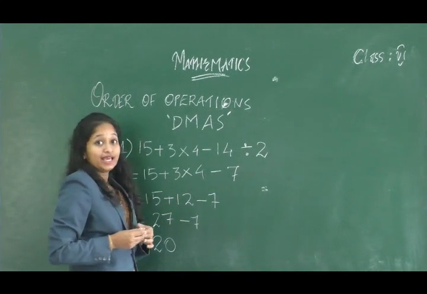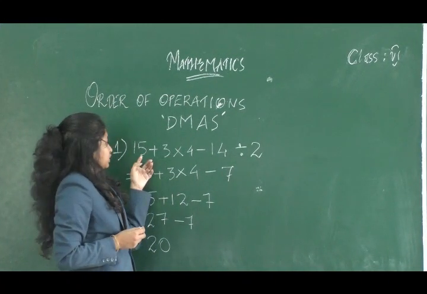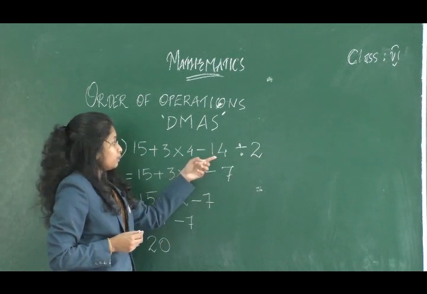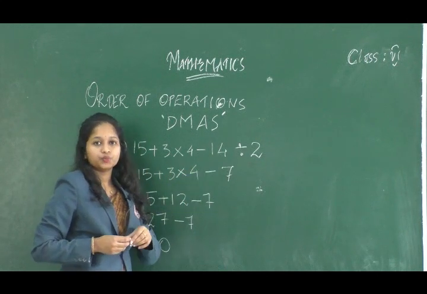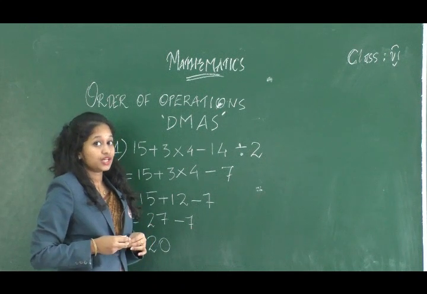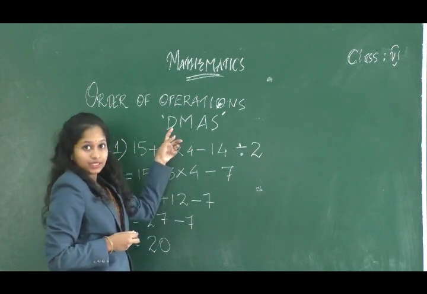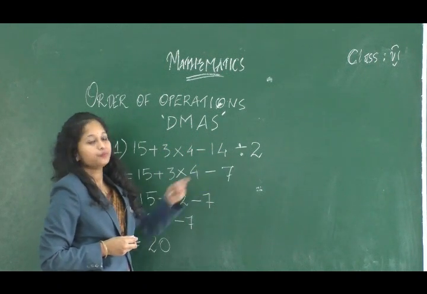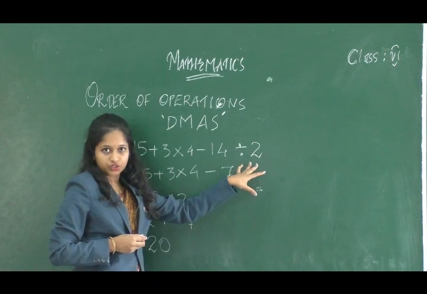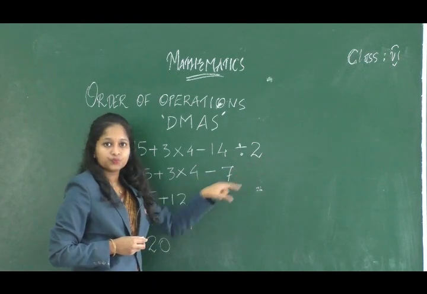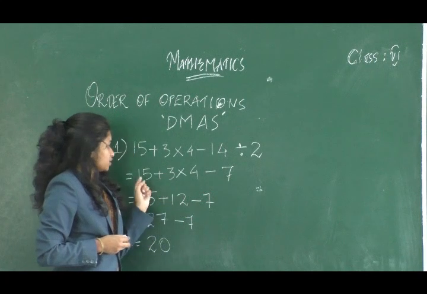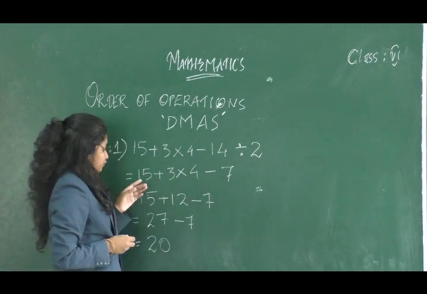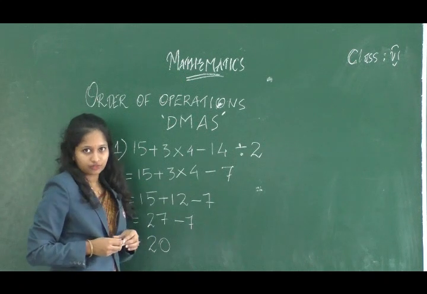So, children, I have an example here. There is a question, 15 plus 3 into 4 minus 14 divided by 2. Which should we start with? D, that is division. Here we have a symbol for division. So first we will perform this operation. 14 by 2 is 7 and the rest of the numbers and operations I have kept as it is. So we get 15 plus 3 into 4 minus 7.